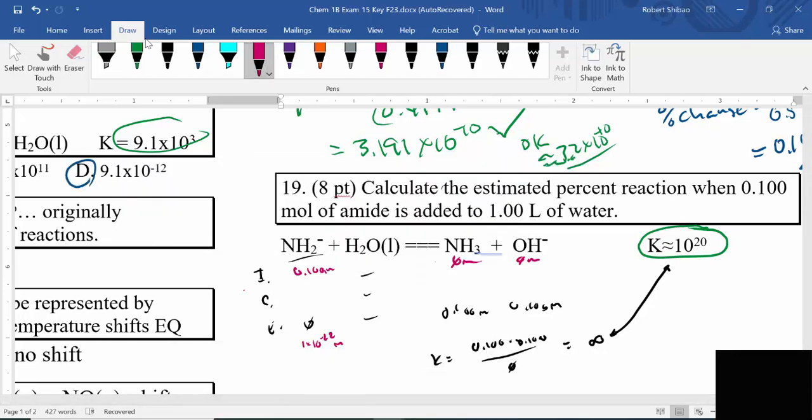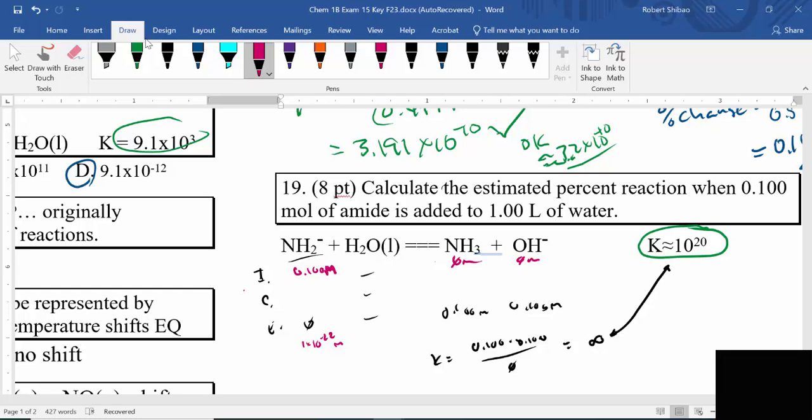The first thing is we have 0.100 molar amide and 0 molar here. And so the first thing I ask is, should I reset the initial values? What would you say? Yes. It's not to say that you can't do this without resetting the initial values.